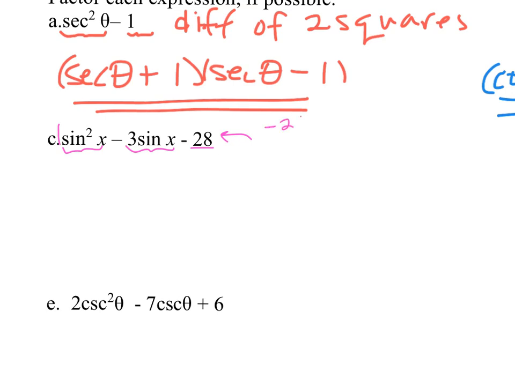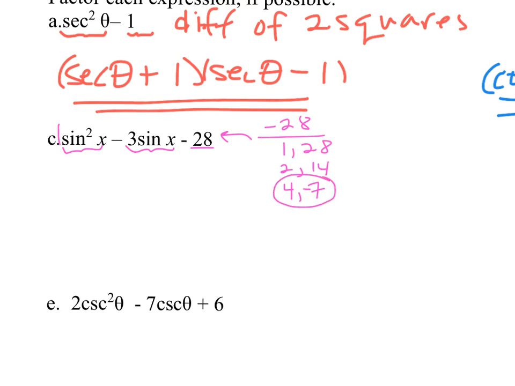Factors of negative 28. We could multiply 1 times 28. We could multiply 2 and 14. 3 doesn't go into 28, but 4 and 7 do. In some way, we could get 4 and 7 to equal negative 28 when we multiply and negative 3 when we add by making the 7 negative and keeping that 4 positive.